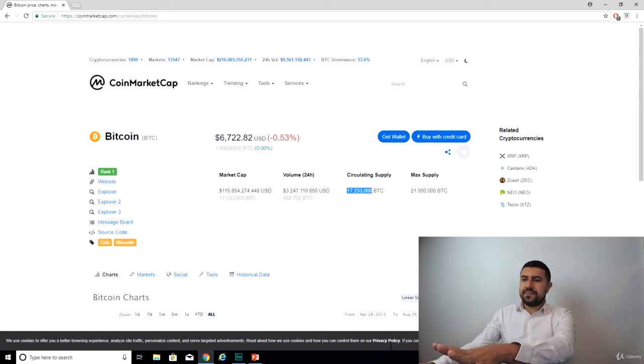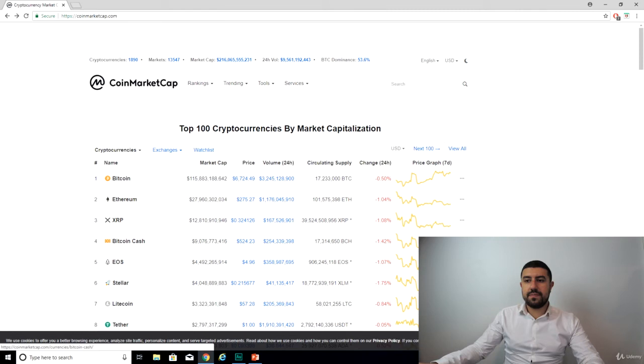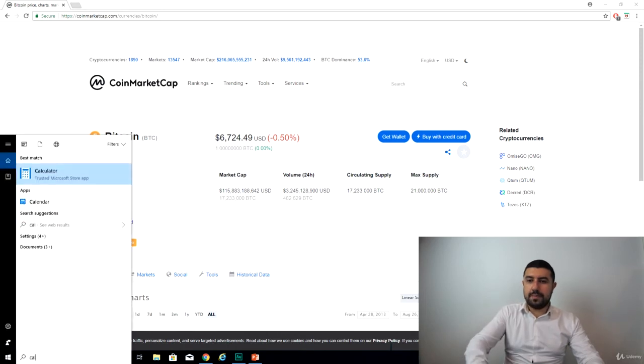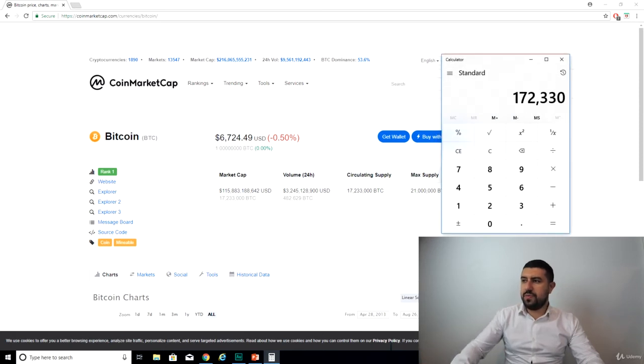Now, this is one currency, but you can see there are a lot more currencies, right? If we get back to Bitcoin, I can see that if I multiply 17,233 Bitcoins times the price of Bitcoin right now, which is 6,724.49, that gives me $115 billion.